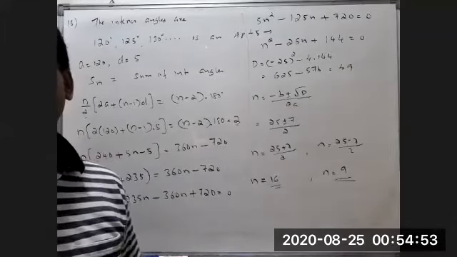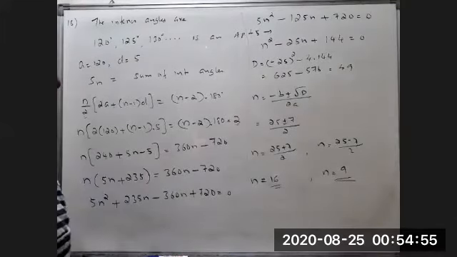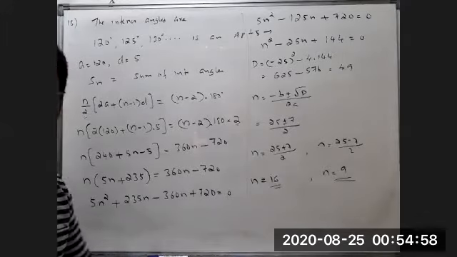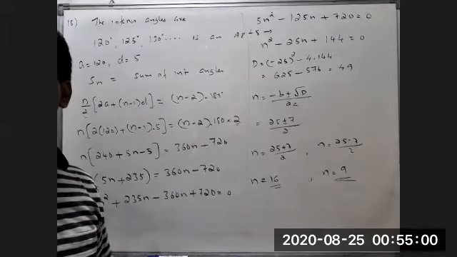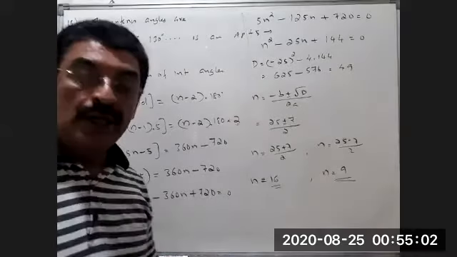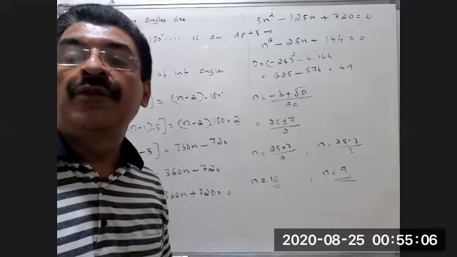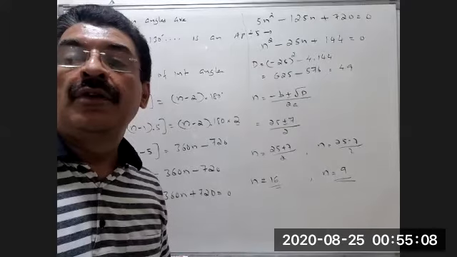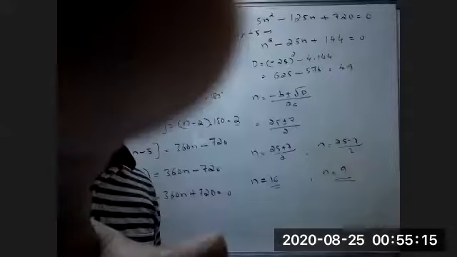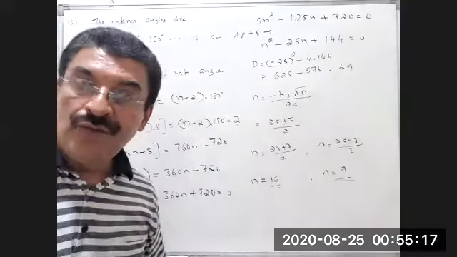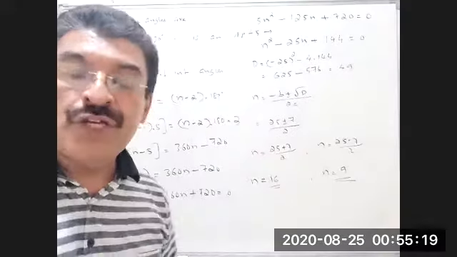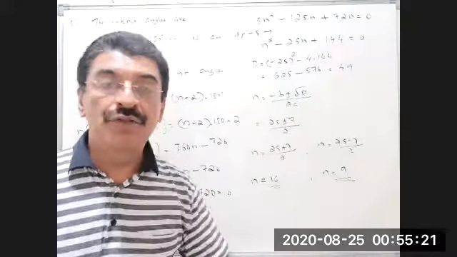See that we got two values. In a quadratic equation, whenever we get two values, we have to check whether we can accept both the values.